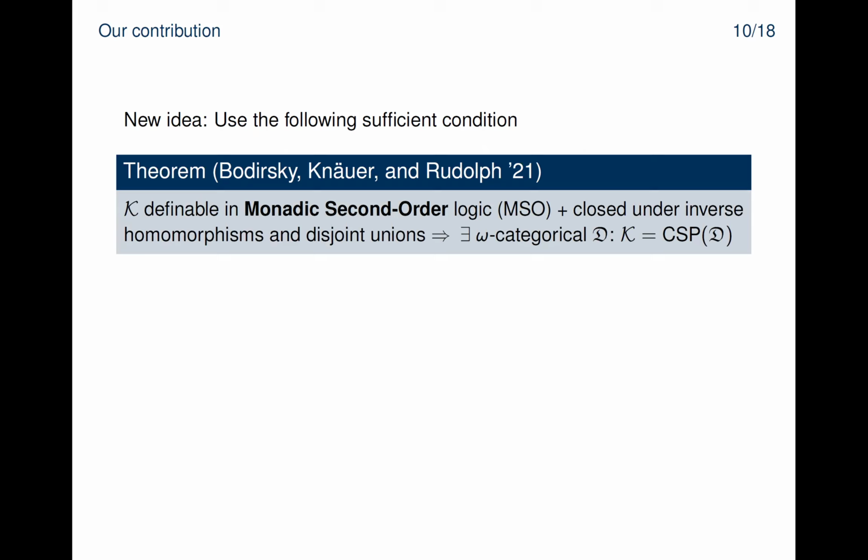It tells us that whenever we have a class definable in monadic second-order logic, so it's just a fragment of second-order logic where every quantified second-order variable, every quantified relation, has to be unary, then if K is closed under inverse homomorphisms and disjoint unions, so not unions but disjoint unions, then there will be an omega-categorical structure D such that the class is the CSP of this structure.